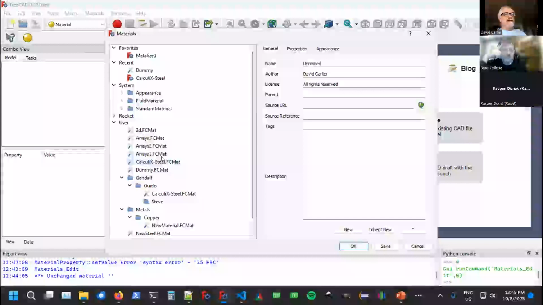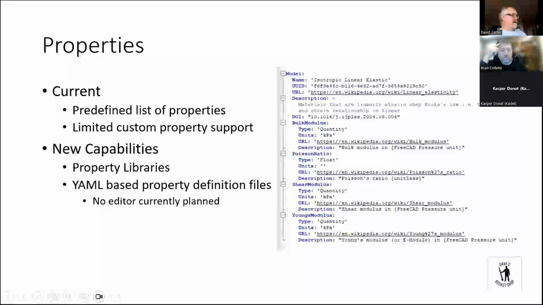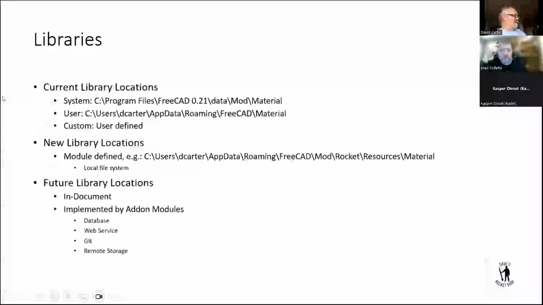Okay, we have the user library. So this is the one I mentioned earlier. That's in your user folder. So that would be, let's bring up the slides here. Wrong way. Where am I going? There we go. So it'd be in the user folder.